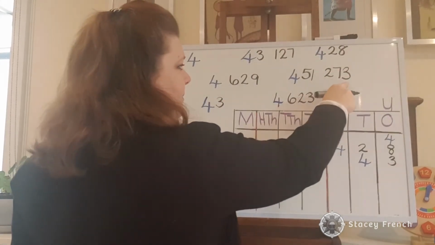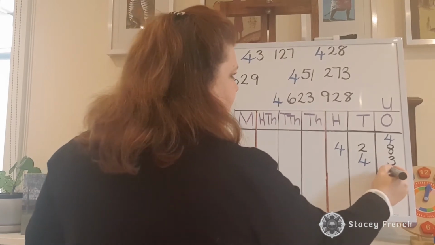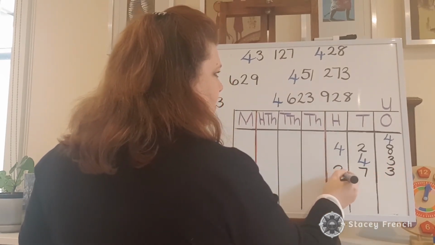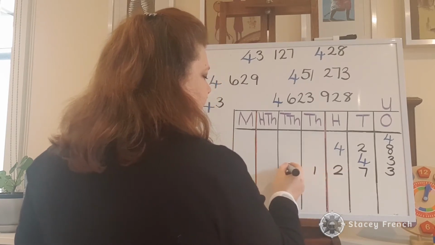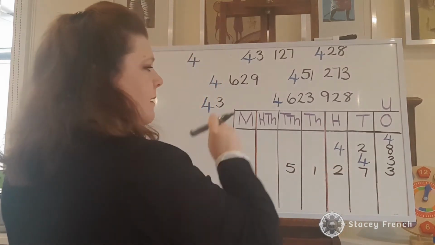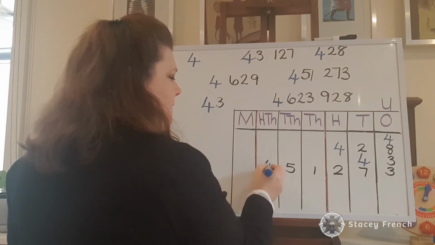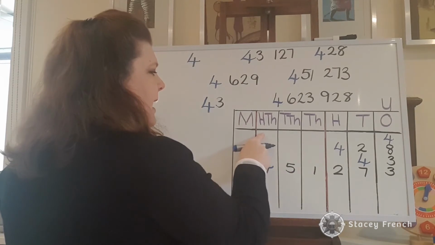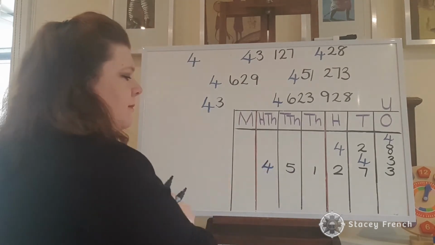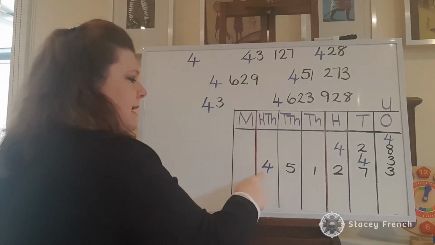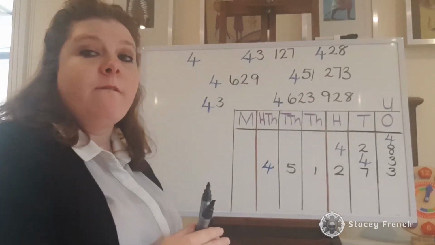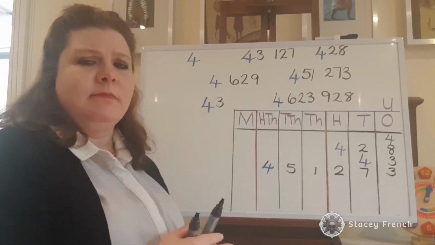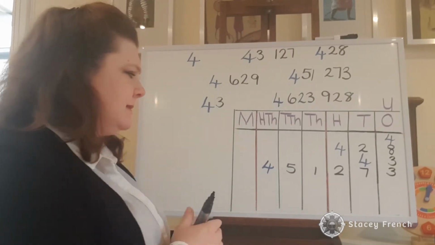Starting in the ones column, let's fill it in. 3, 7, 2, 1, 5, and 4. The 4 is in the hundred thousands column. So it has the value of 400,000. But let's go to try and say it.